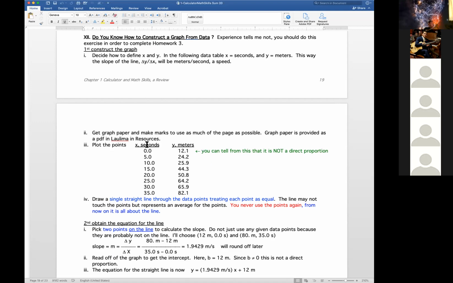X is seconds and Y is meters. Why did I choose X as seconds and not meters? It's because the slope is the change in Y divided by the change in X. So the change in meters divided by the change in seconds makes more sense than the change in seconds divided by the change in meters, because meters per second we know is a rate. That's something that is in our everyday experience.